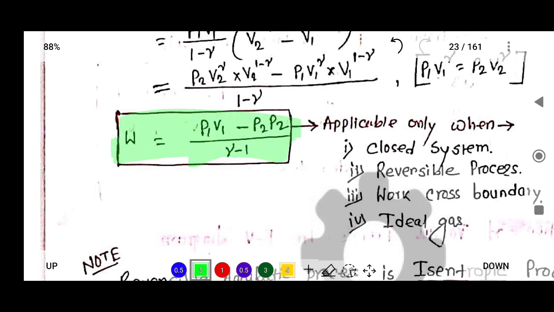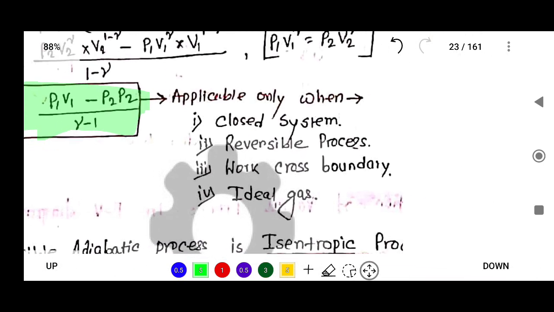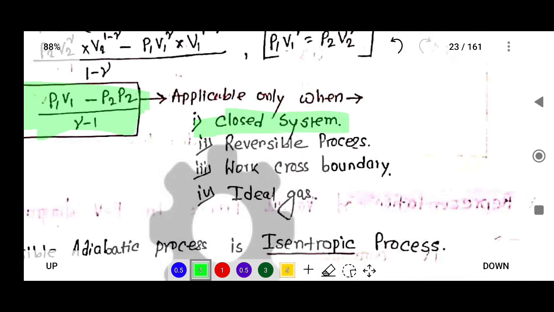If you calculate this, you get the formula W equal to P1 V1 minus P2 V2 upon gamma minus 1. This is a very important formula; you have to remember it. It is applicable only when it is a closed system, reversible process, work crossing the boundary, and ideal gas.